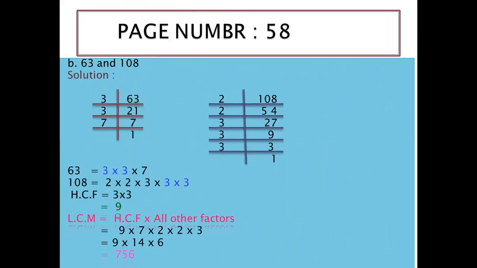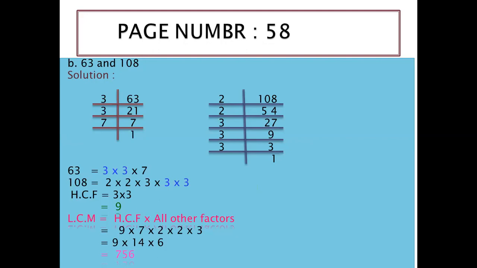B part is 63 and 108. 63, at the ones place there is 3, it means that it is not divisible by 2. We divide by 3. 21, again 21 is divisible by 3 and 7. The factors of 63 are 3 multiplied by 3 multiplied by 7. 108, 108 divisible by 2, 54.